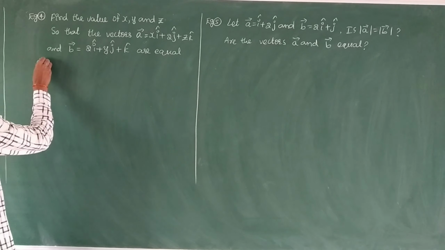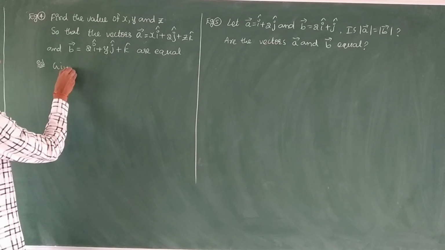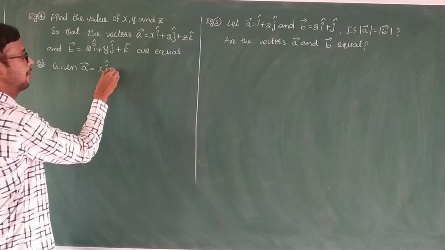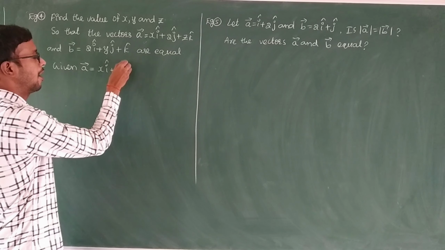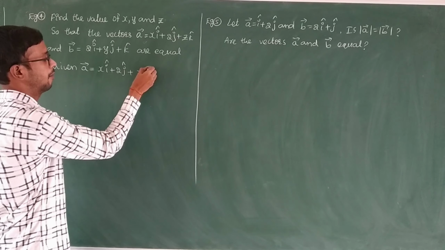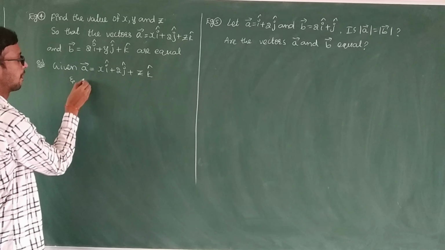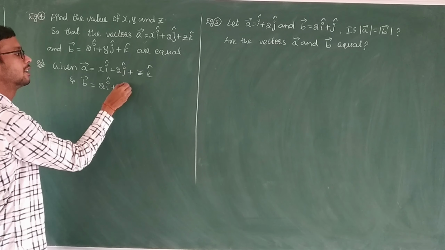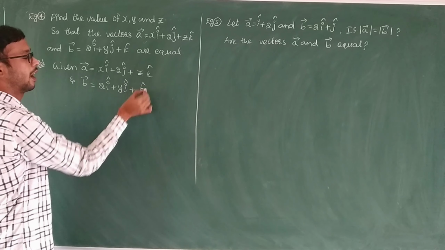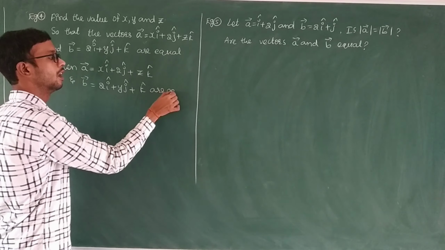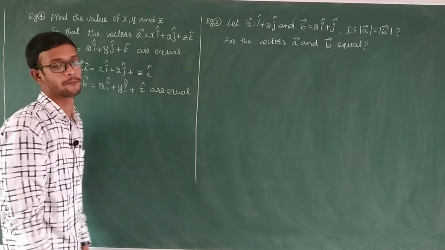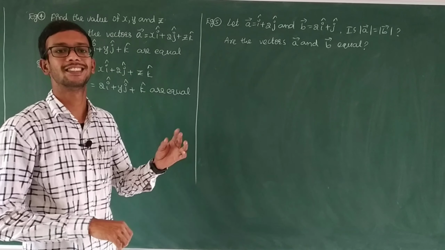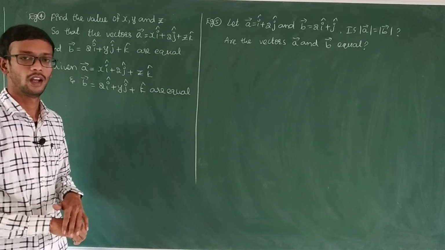First of all, I will write here the given: a bar = x i cap + 2j cap + z k cap and b bar = 2i cap + y j cap + k cap are equal. You have to find the x, y, z values.